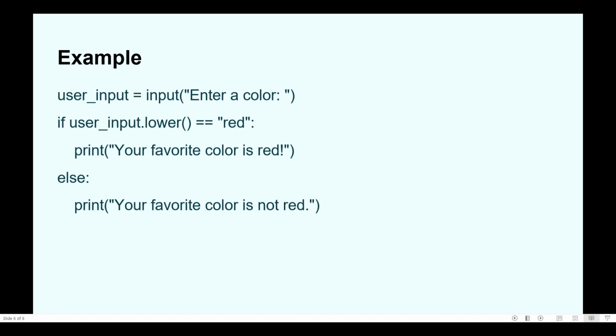So here we have passed in the block of code, if user_input.lower, so if red is written in uppercase, then it will automatically convert it into lowercase, equals red, print your favorite color is red, else print your favorite color is not red. So if you write red, then the first block of code will be executed, and if we enter any other letters other than red, then it will print your favorite color is not red.